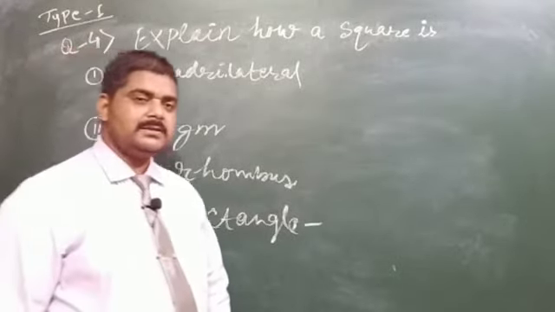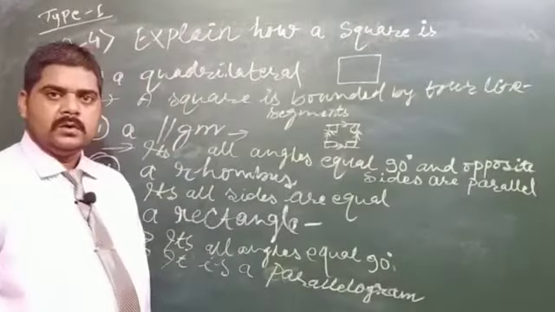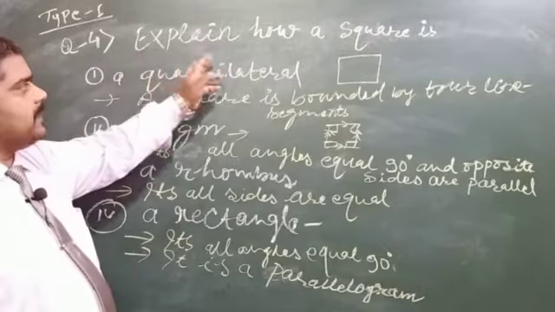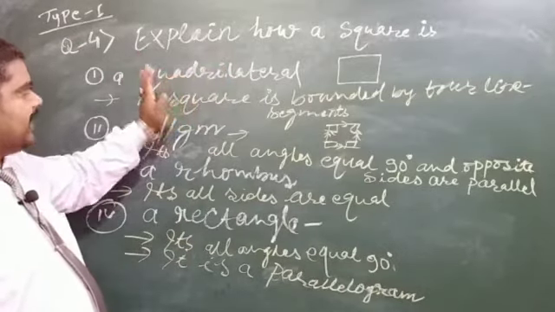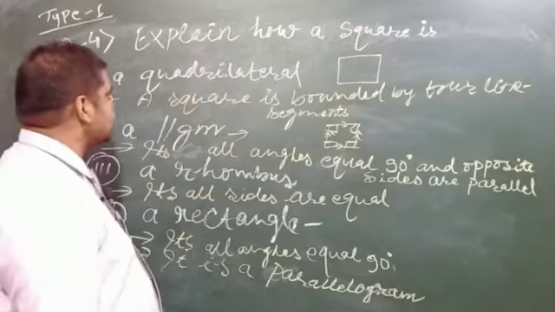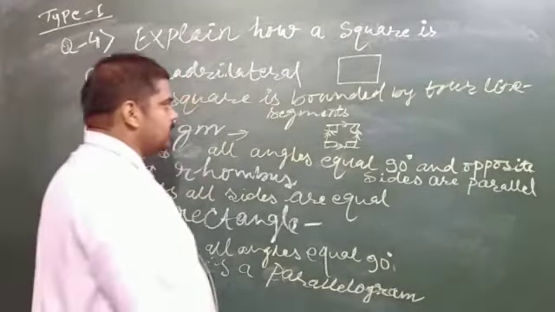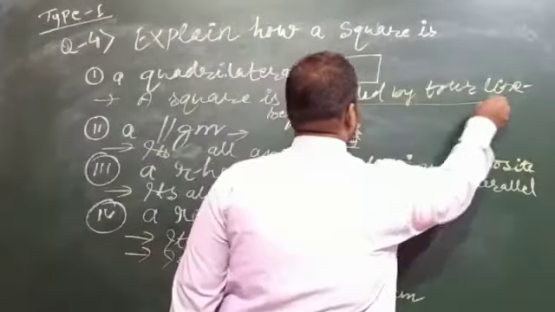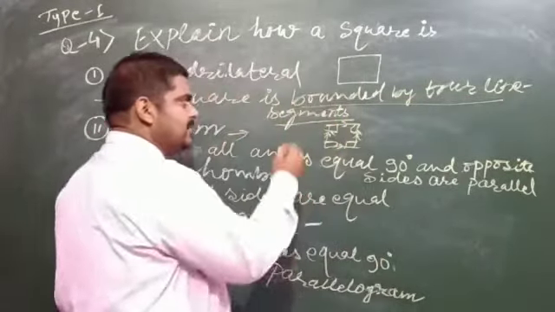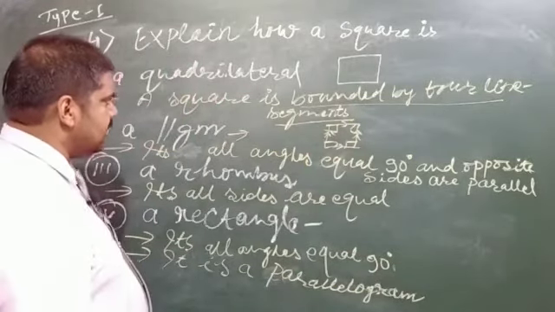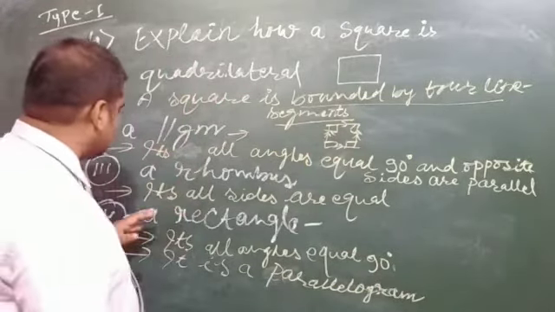My dear student, in the next question: explain how a square is a quadrilateral. You know that a square is a quadrilateral because it is bounded by 4 line segments, and it is also a simple closed figure, and such a figure must be a quadrilateral.